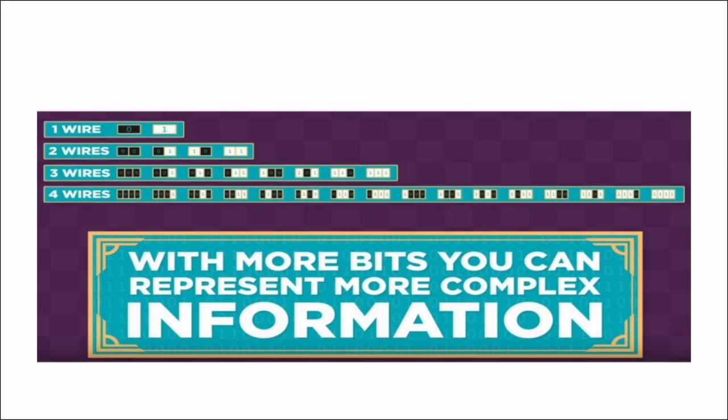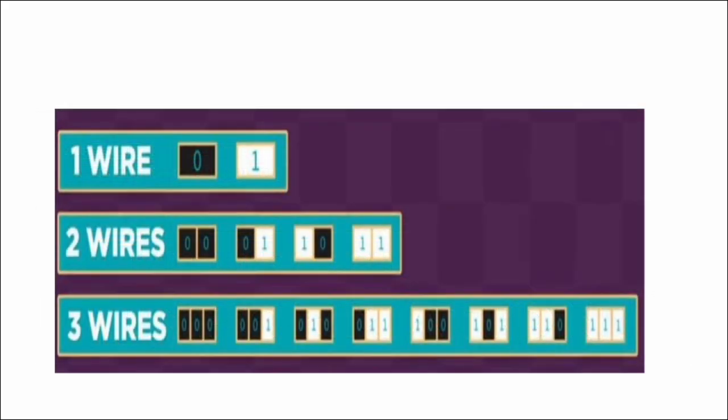Fine. Now suppose, let's look at this 3 wires scenario. Now there are 8 different codes, right? 0, 0, 0, 0, 0, 1, 0, 1, 0, 0, 1, 1, and so on. So there are only 8 different possible states. So I will map a number to each state. These numbers need not be linear. I will just say 000 means 22, and 101 means 1035.